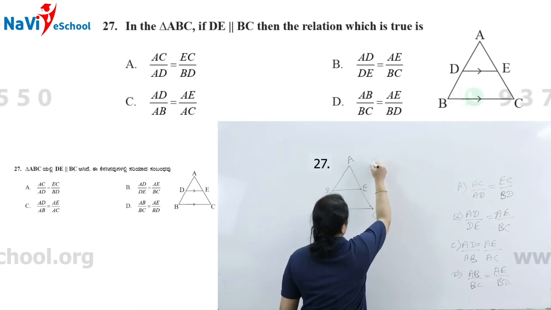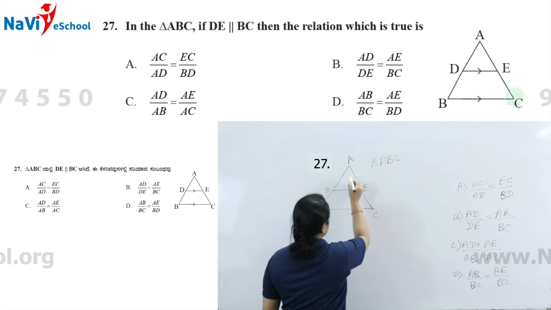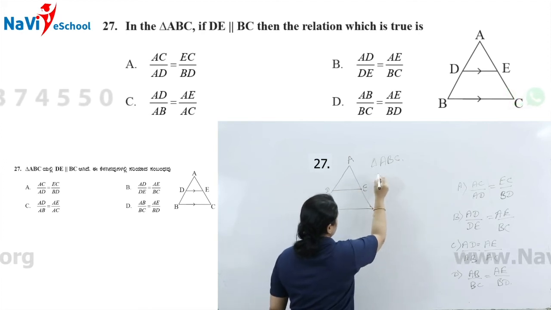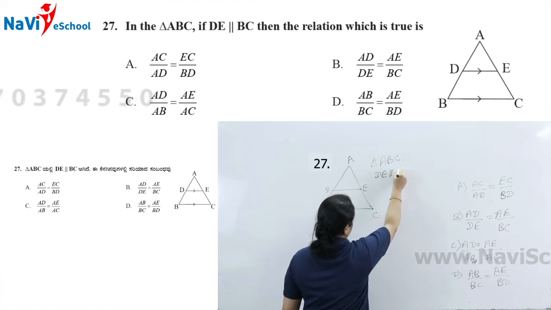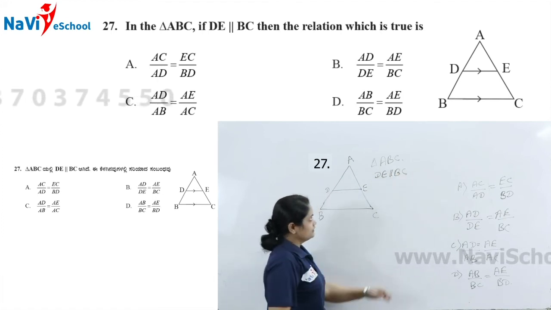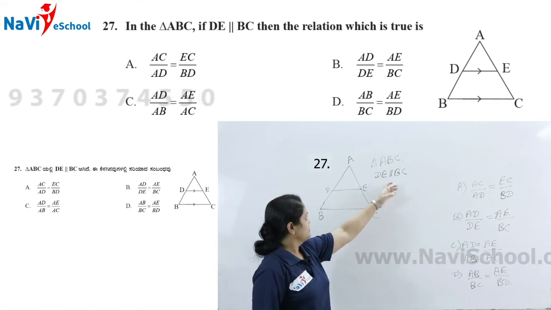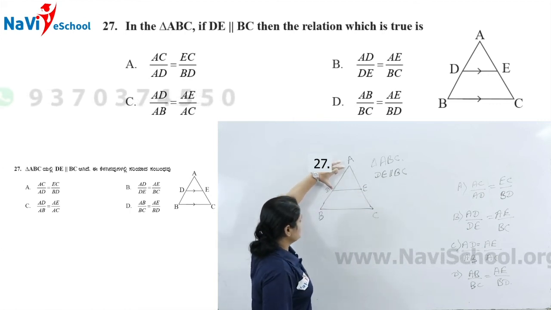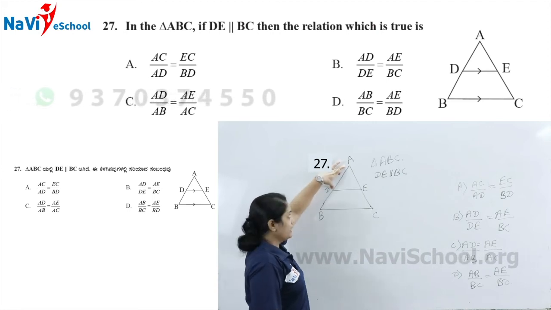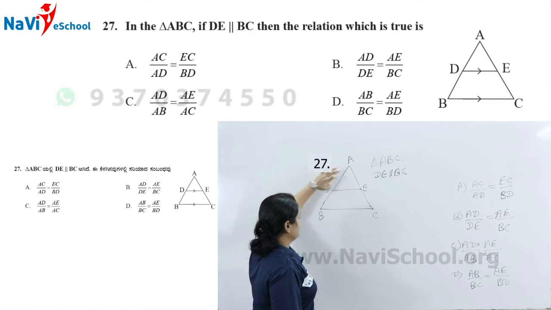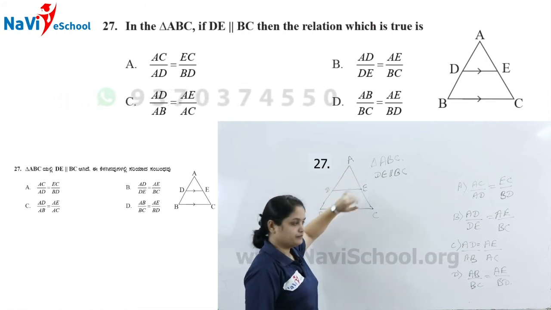In triangle ABC, what is the condition? DE is parallel to BC. If in such a condition, what can we write? See, the small triangle and the big triangle are in the ratio how?